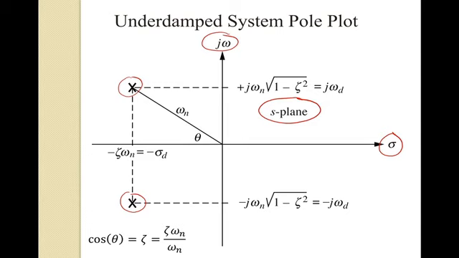So from a previous module, we explained how to find those poles. They both have the same real part, negative the damping ratio times the natural frequency. That's the real part. It's the same for both. And for the imaginary part, we have either plus or minus j, and then the natural frequency times the square root of 1 minus the damping ratio squared.